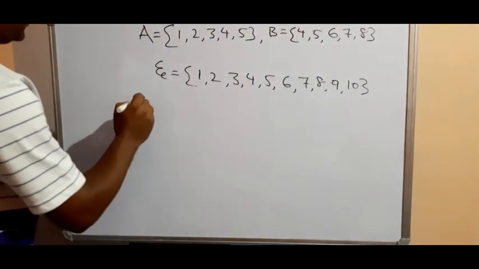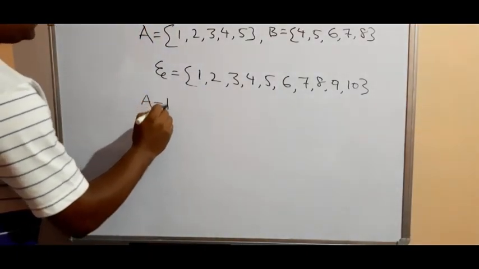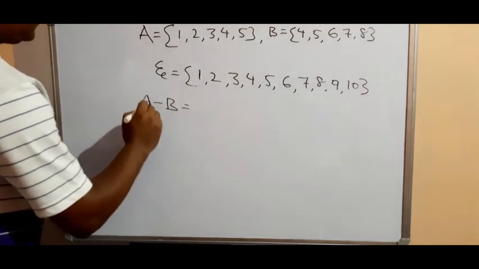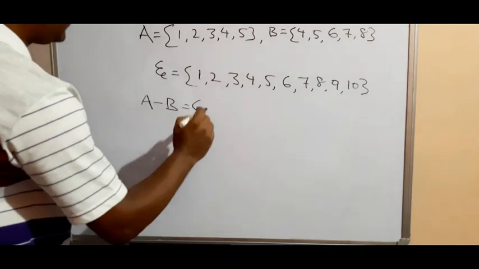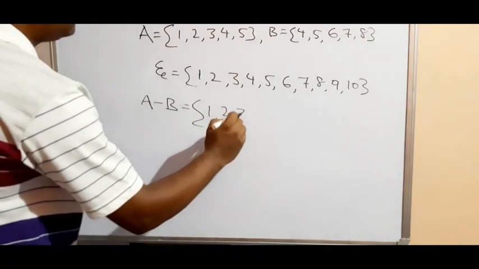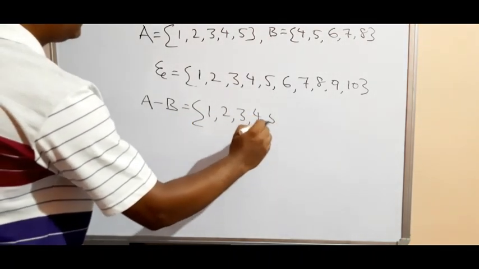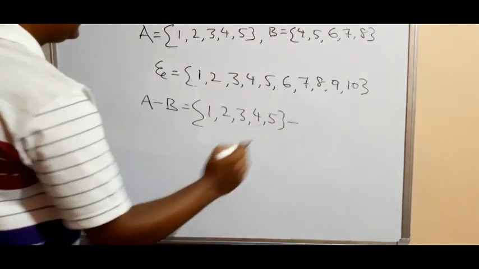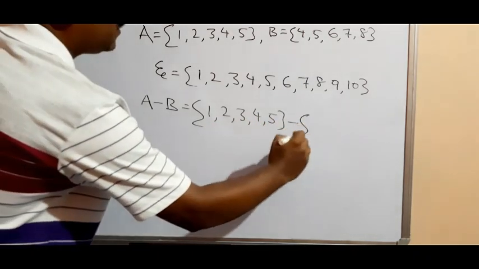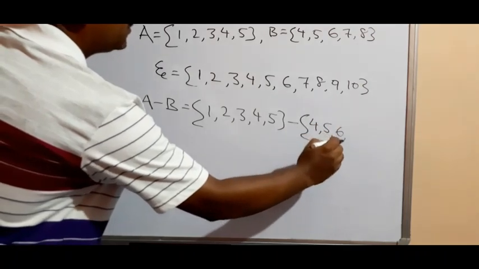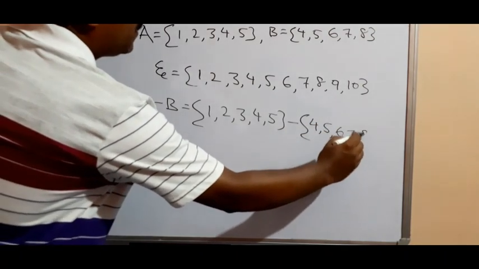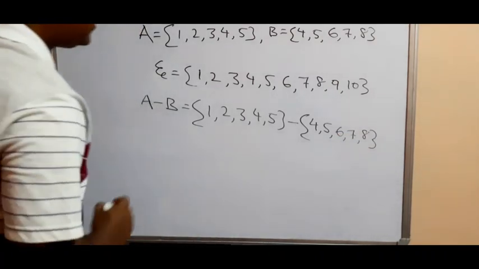It is expressed as A minus B. So A minus B means first you write the elements of A: 1, 2, 3, 4, 5, minus, then the elements of B: 4, 5, 6, 7, 8.